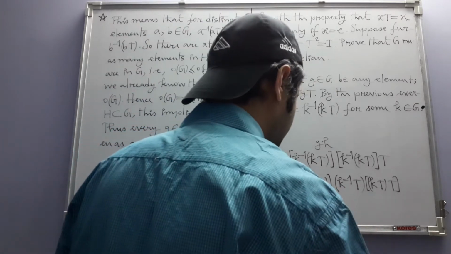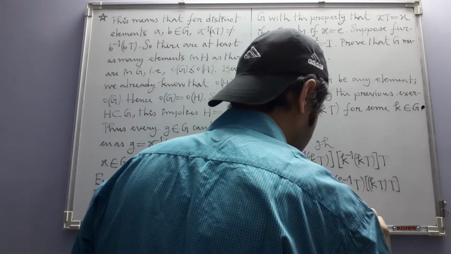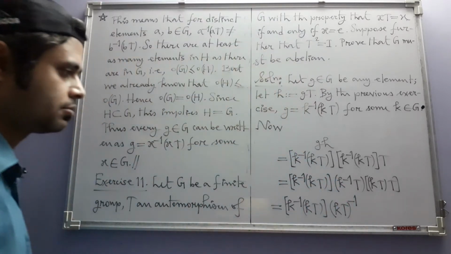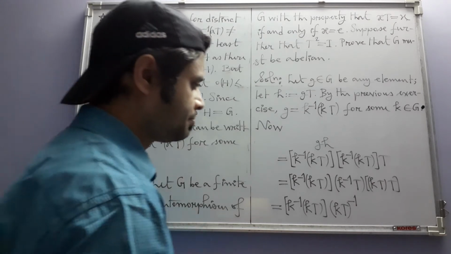Now K inverse T is nothing but KT inverse. Simple properties of a homomorphism.